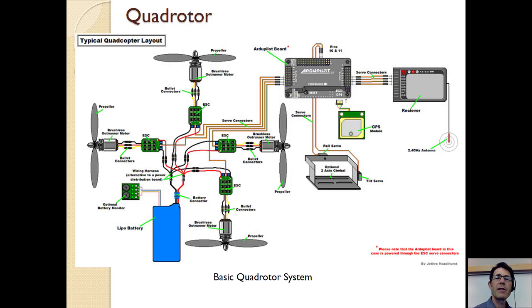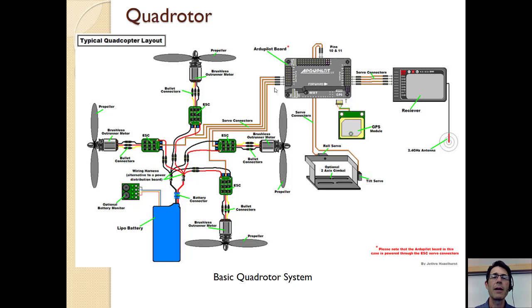So there's actually 6 things that it's sensing. It's sensing motion in the X direction, the Y direction, and the Z direction. X is kind of horizontal, Y is horizontal 90 degrees perpendicular, and then Z would be the vertical. So those 3. It also senses rotation around X, around Y, and around Z.